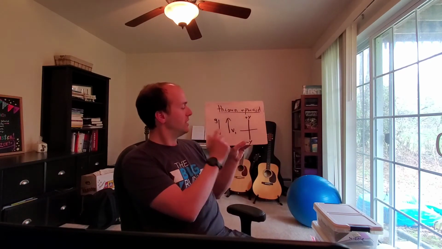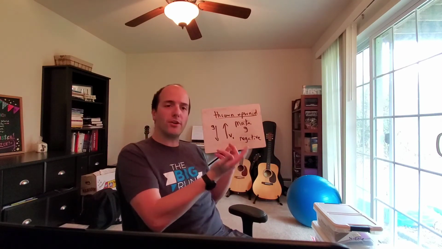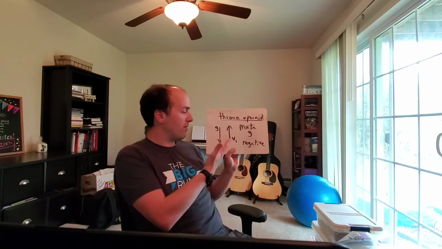The way we represent that is that one of these two needs to be negative. Just for ease, since we're used to a Cartesian coordinate system where up is positive y and down is negative y, make your acceleration due to gravity negative. So if it's thrown upwards, make g negative and keep everything else positive.